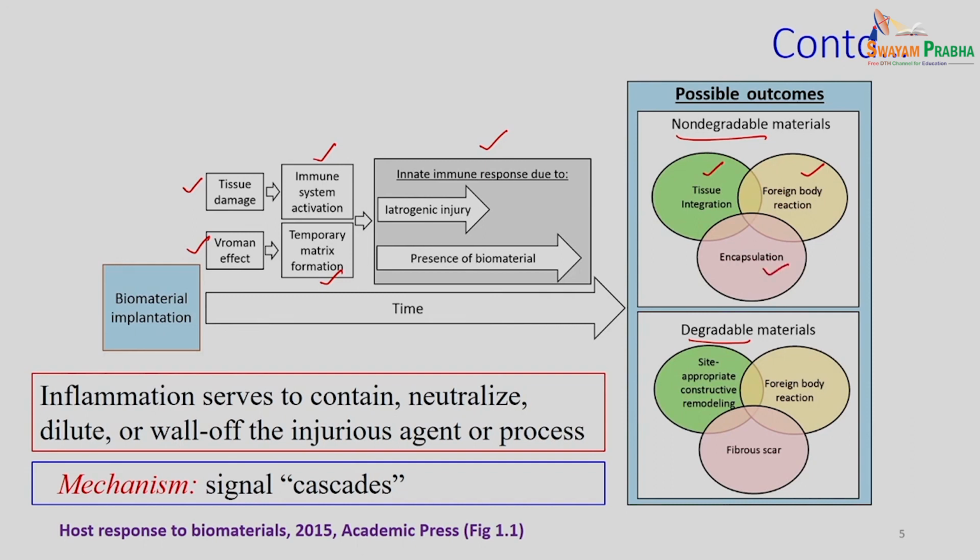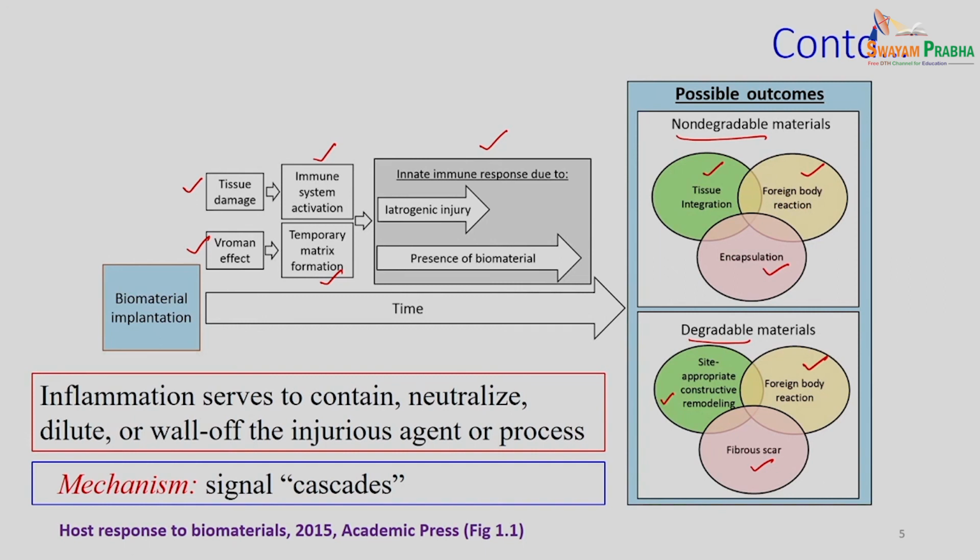But if the biomaterial is degraded with time, it causes constructive remodeling. Of course, the foreign body reactions will be there whenever any foreign material comes inside the body, and it also causes the fibrous scar. So, these are the possible outcomes in case of non-degradable and degradable material.